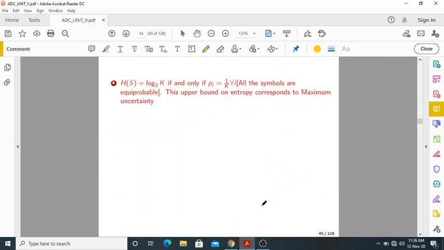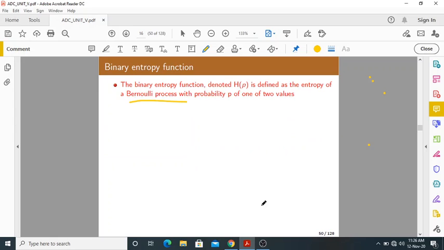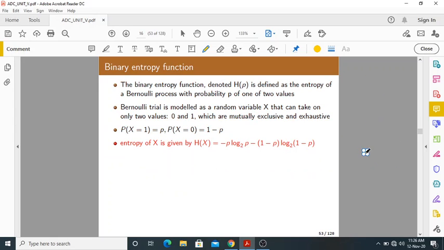If you do so, the entropy function for the Bernoulli random variable would be H of x equal to minus p log base 2 p minus (1 minus p) log 2 (1 minus p). So this probability into log of this probability, next this probability into log of this probability.